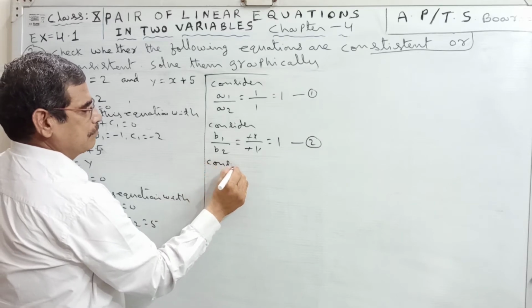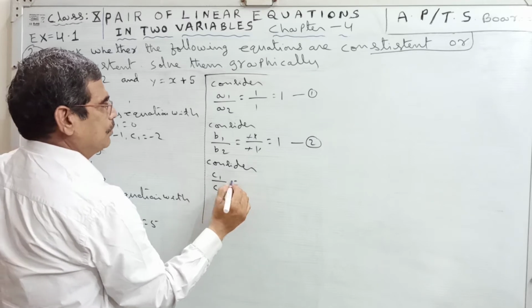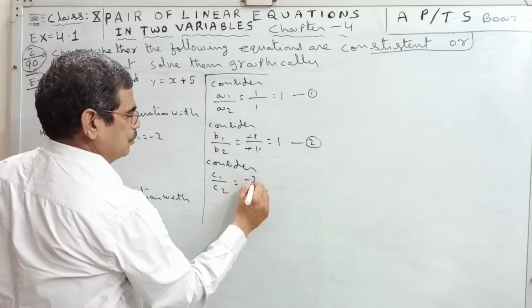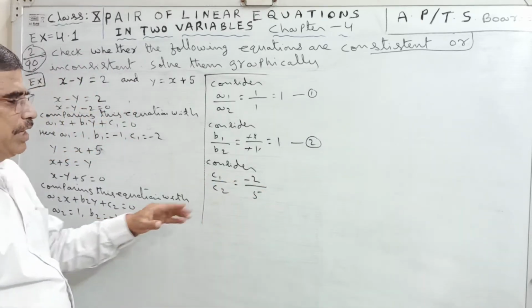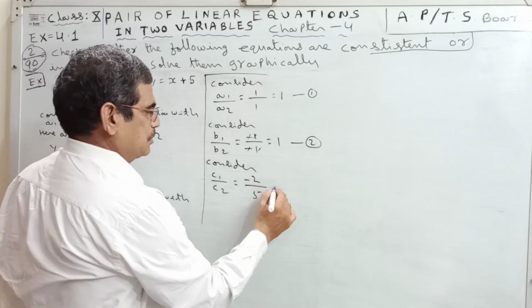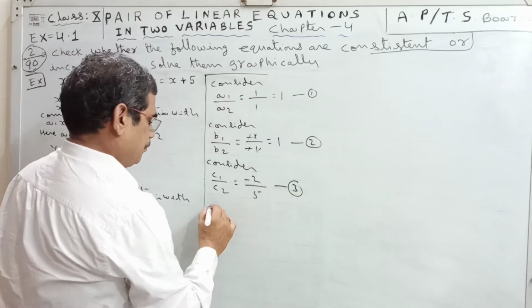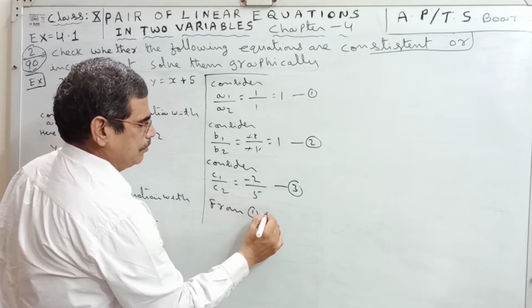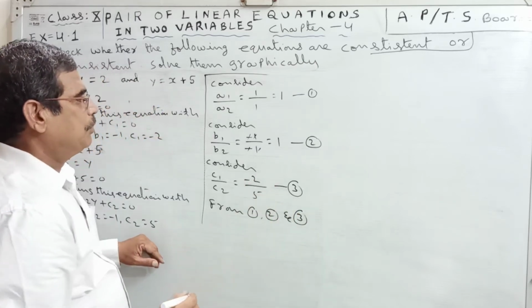Consider c1 by c2. What is the value of c1? Minus 2. c2 value is 5. So here no cancellation. So this is 3. From 1, 2 and 3, what can we say?